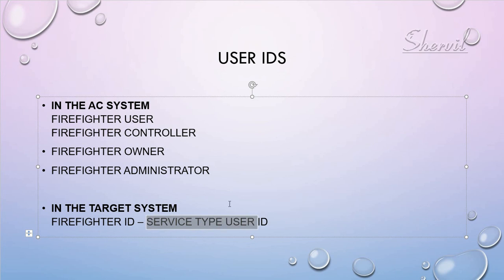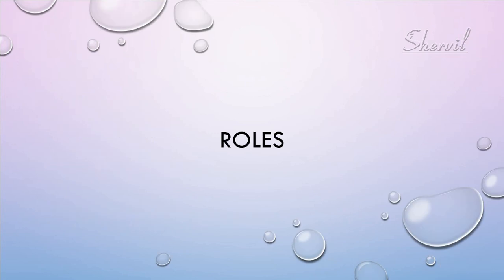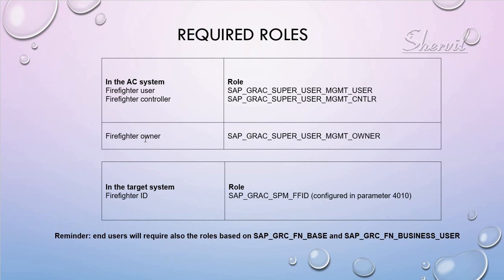Okay, now let us see what roles these users should have in the delivered roles or a copy of those delivered roles. The firefighter basically needs to be assigned this role.